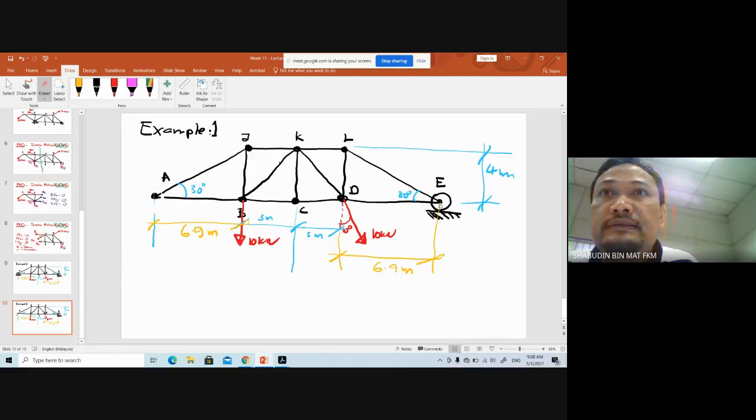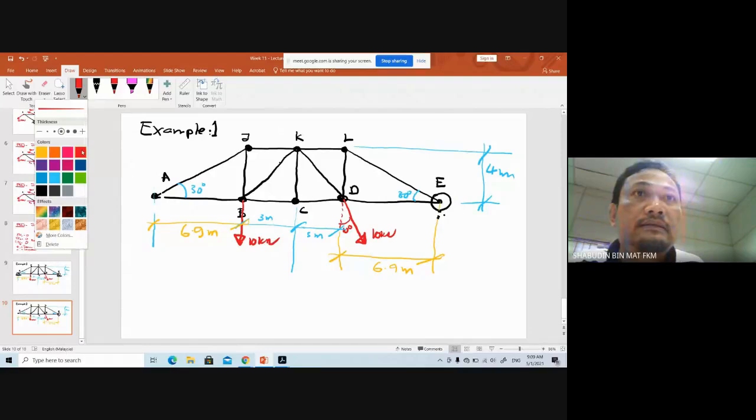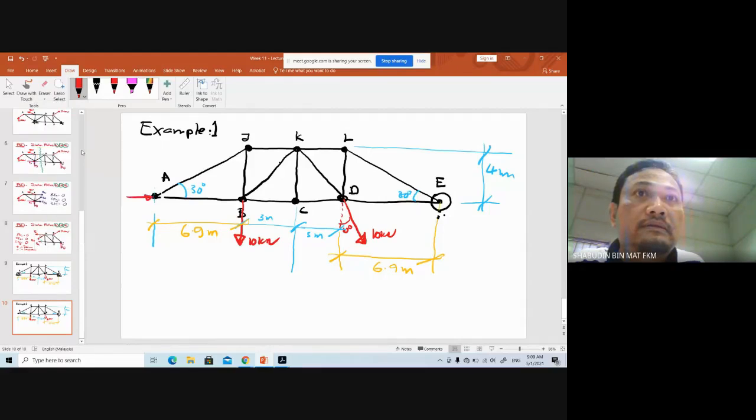Then you have AX and AY, and FE. That's it. So this is the overall free body diagram.